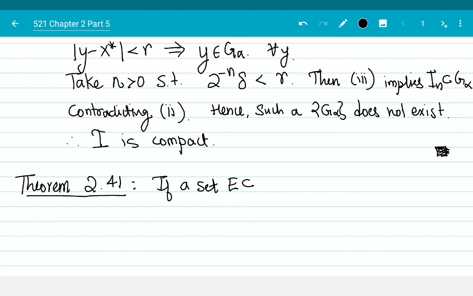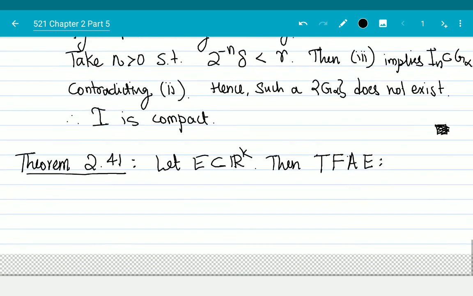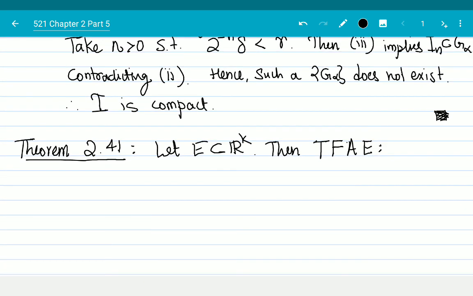Let E be a subset of Rk. Then the following are equivalent. This is very standard notation, TFAE, which is why I'm writing it this way, so that you get introduced to it.